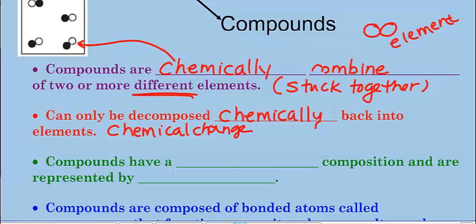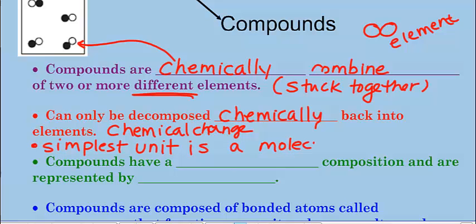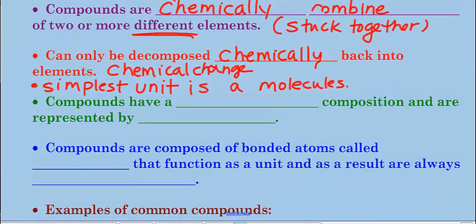The simplest unit, I think that's your next dot. The simplest unit of a compound is a molecule. Remember, atoms bonded make molecules. So these are always different atoms bonded. Okay? They have a fixed composition, which basically means they have chemical formulas.